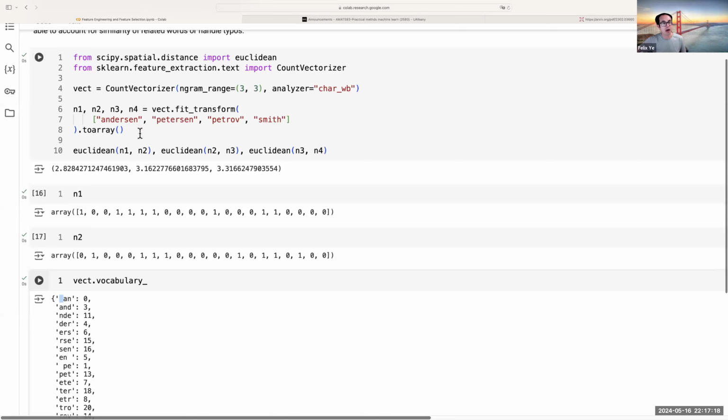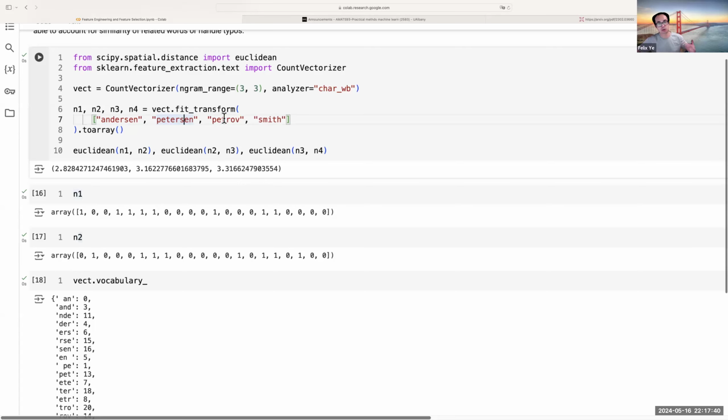Okay, and you can see this is the vectorization of the first word, Anderson. This is the vectorization of the word Peterson. And you can see they have some similarity here, right? Anderson and Peterson are kind of similar because they both end with ERSON.